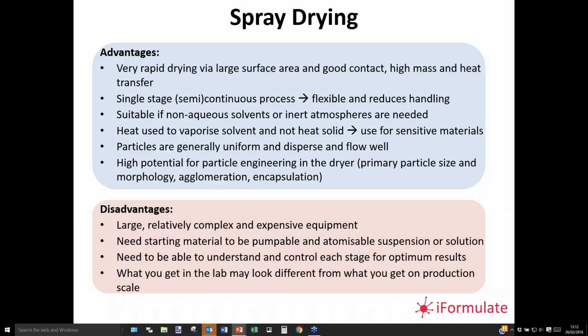It does require a number of equipment items, not least a system for separating dust from the hot, humid air, and it can be capitally very expensive on the large scale. It needs a starting material, as Jim mentioned, to be fluid enough to atomize.